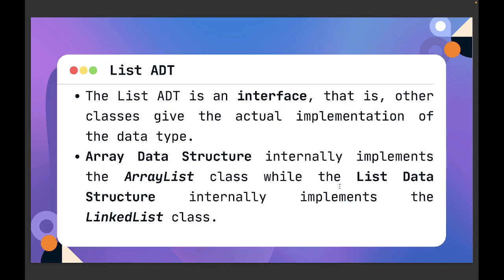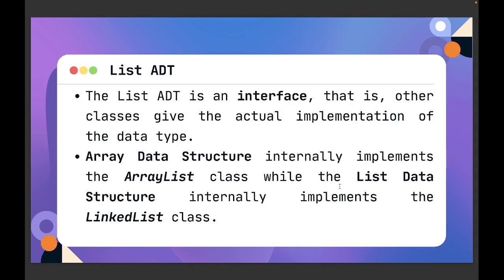Ibig sabihin, the moment you call the list ADT as an interface, then you are going to inherit lahat yung mga methods niya as a requirement. So, pwede mo siyang papalitan mo lang yung value. Unlike with typical na inheritance na pati yung mga properties, yung mga variables mo kuha mo. So, interface, yung mga functions lang magagamit mo.